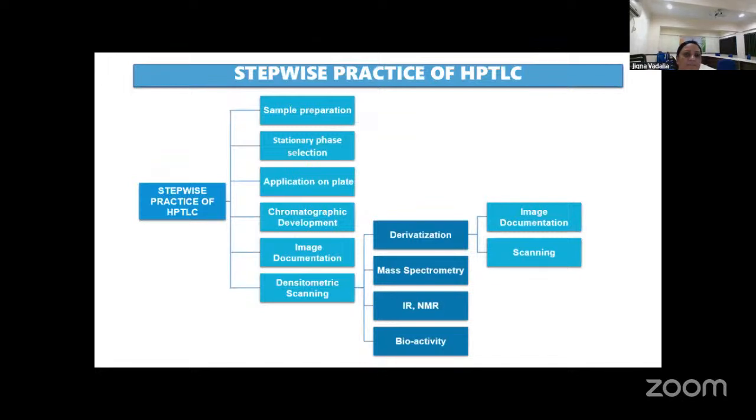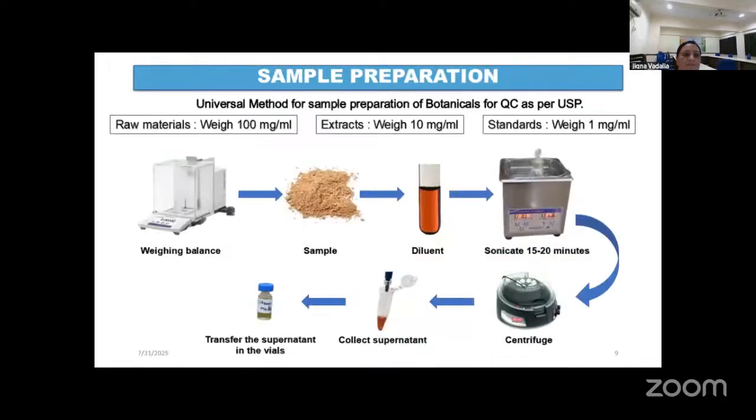So this is a stepwise process of HPTLC. First is sample application. Sample preparation is much easier than HPLC, LCMS or GCMS, because here every time we are using a new stationary phase. If it is HPLC, then what happens? Every time we are using the same column, so we have to take care of that column.